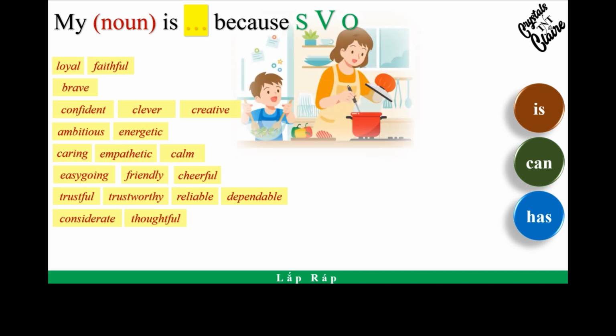Okay, so look at the picture here. My mom. Sometimes your best friend is your mom. She takes care of you. She knows whenever you feel upset, and she knows how to help you get better, like cooking something that you love. So sometimes mom is our best friend, our favorite friend.